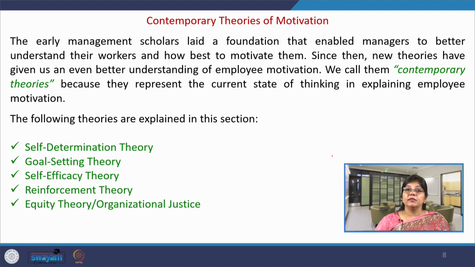Since then, new theories have given us an even better understanding of employee motivation and have been labeled contemporary theories of motivation. The theories we are going to talk about in this section are self-determination theory, goal setting theory, self-efficacy theory, reinforcement theory, and equity or organizational justice theory.